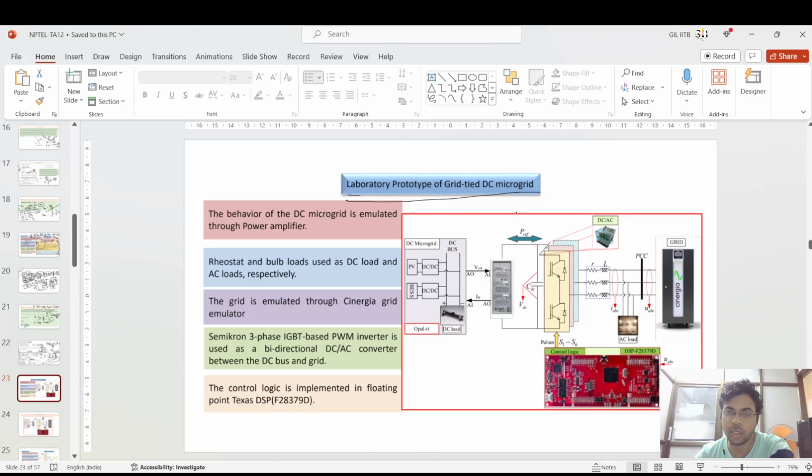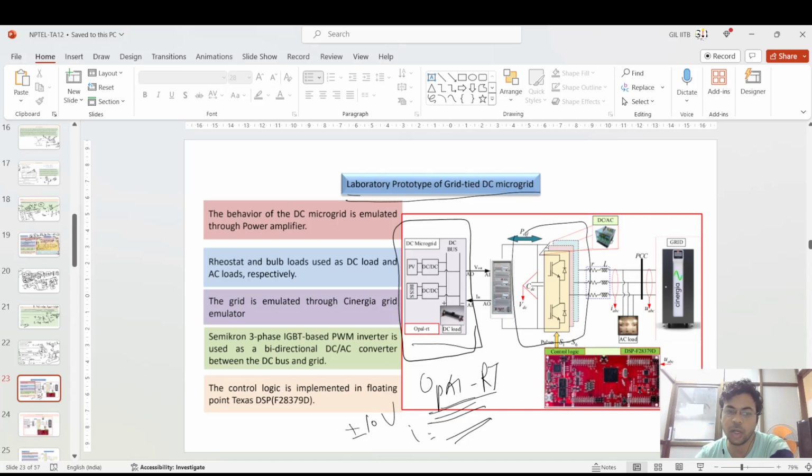So coming to the next topic, that is the laboratory prototype, which I have already explained how to test in the laboratory. There are multiple components involved in that. This whole system, the DC microgrid, is connected to the DC bus bar. This system is actually implemented in OpenRT, the real-time digital simulator, and the voltage level generated by this digital simulator output is plus or minus 10 volt, and the current is also very low.